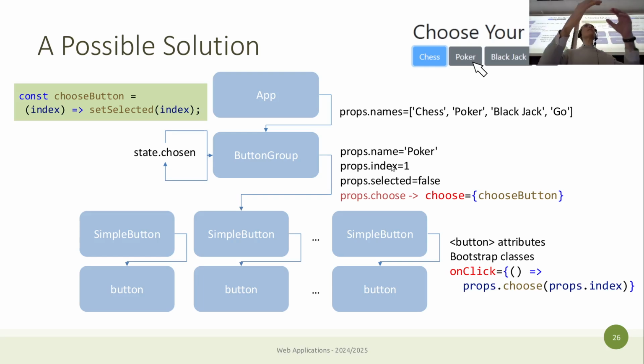But since the name is something you want to show, maybe you want to change the name and you don't want to change all your code because somebody wants a new name. So just keep the name separate from the inner workings of the application. So in this case, we use indexes and that's fine. So we can change the names just by changing an array that is passed to the button group with the names of the buttons.